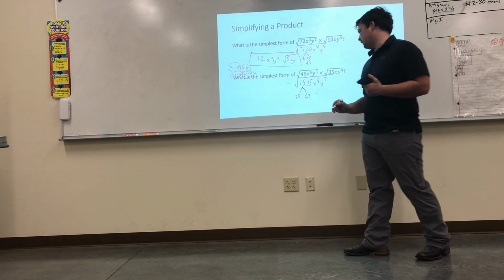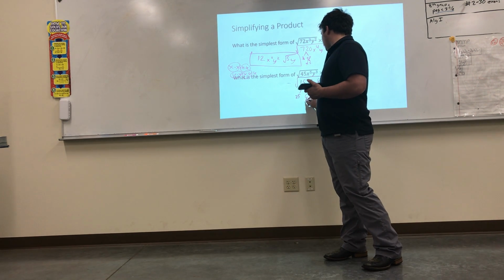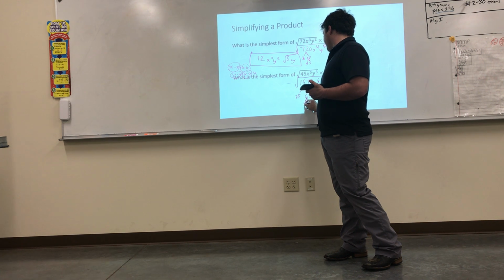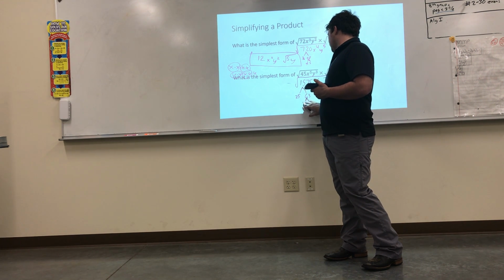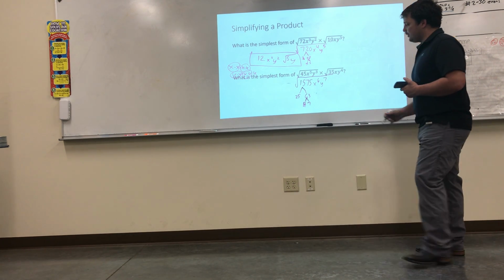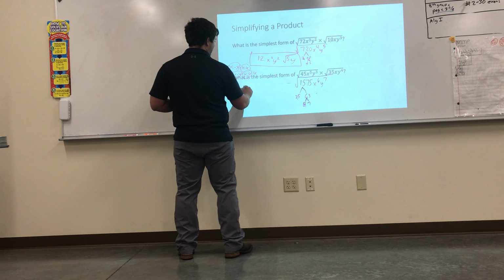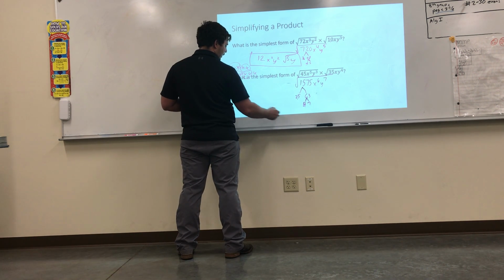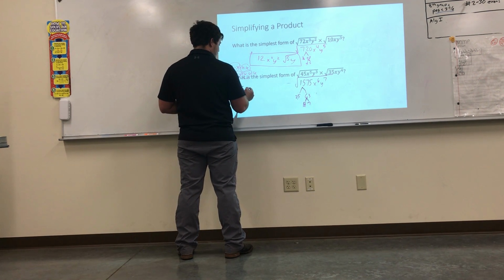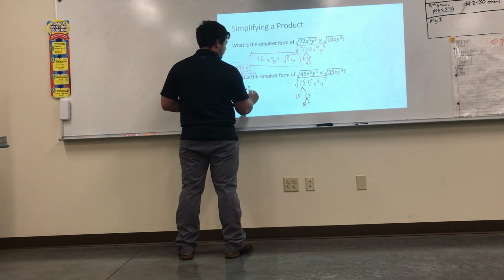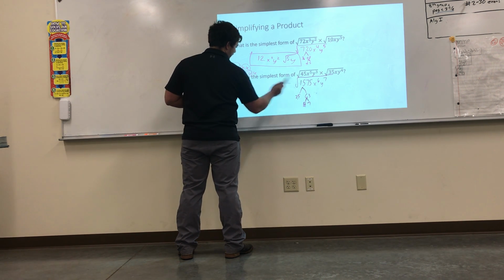I get 63. I'm going to go 9 and 7. I know 9 is a perfect square, so I'm going to pull them out. Take the square root of 25, I'm going to get 5. Take the square root of 9, I'm going to get 3. Take the square root of 7. Can't do it.